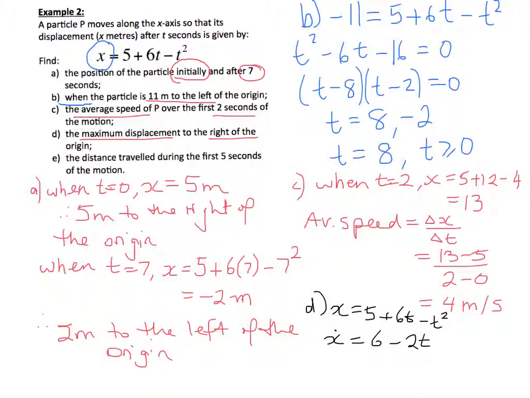So there's our expression. Now, max displacement occurs when x dot equals 0. I'm going to need a new page here. I'll see if I can insert one in the middle of a recording. Max displacement occurs when velocity equals 0.